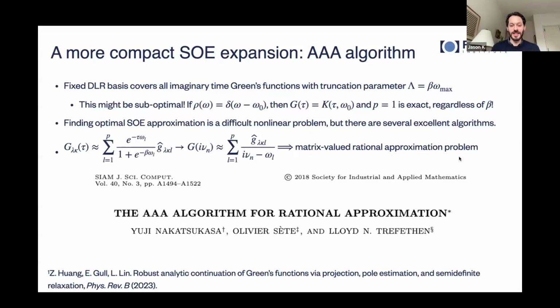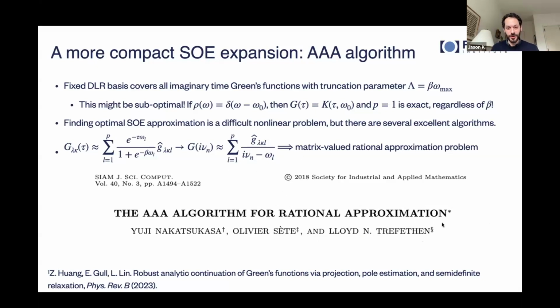I don't want to go into the details of how this algorithm works, but there's a very nice algorithm from the applied math community, from Nick Trefethen and his group, called the AAA algorithm, which essentially aims to do exactly this. The interesting thing is it's not actually an optimization algorithm. It's not operating by wiggling pole locations around and trying to lower some cost function.